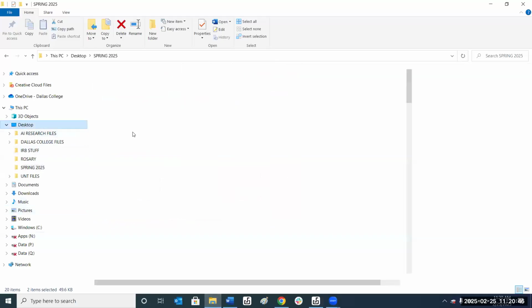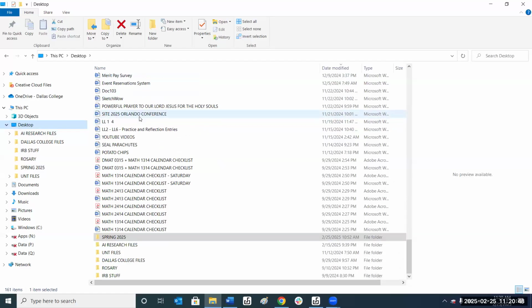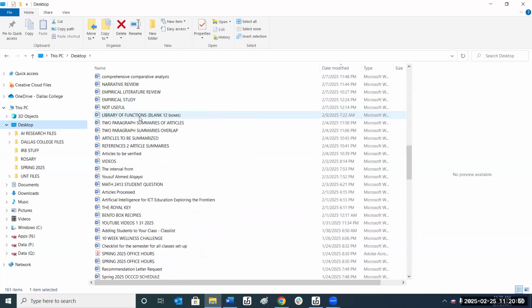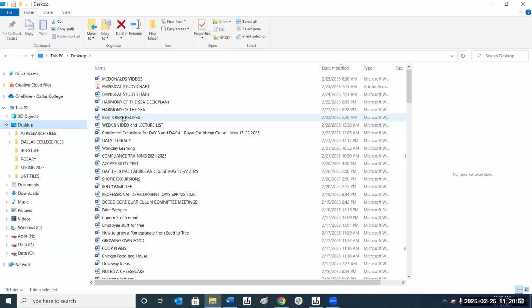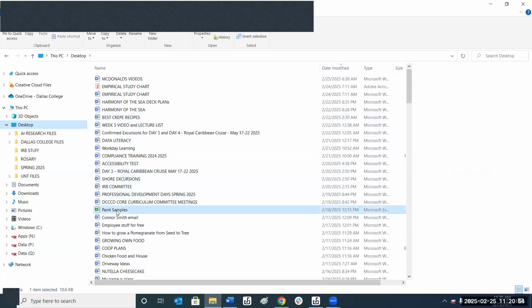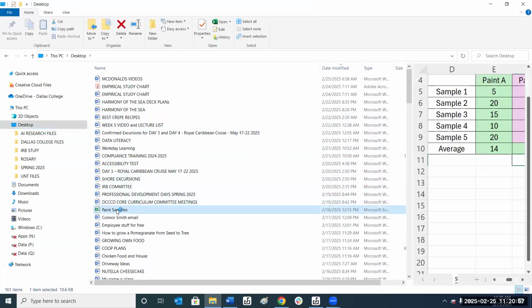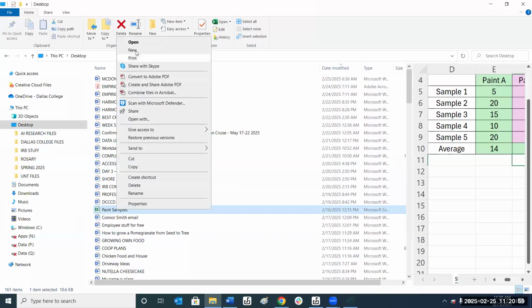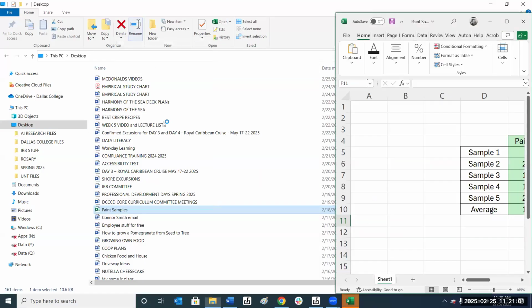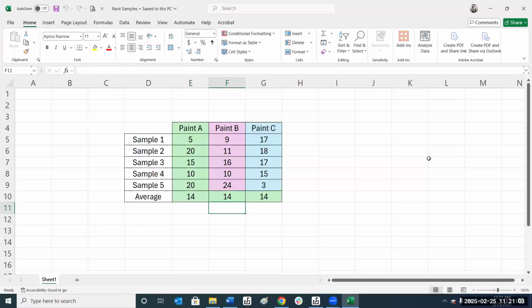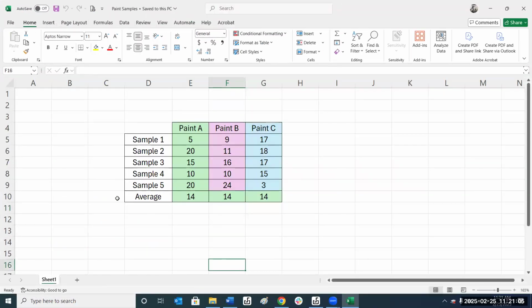Let me see if I can find those. So here we have the three paint samples from last time.